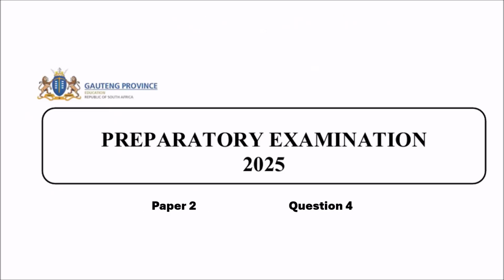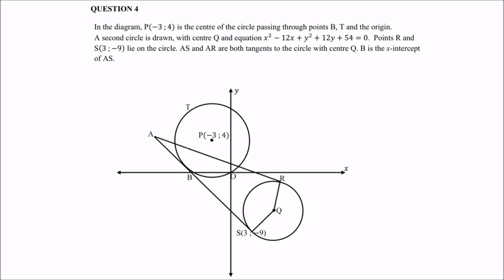Gauteng Province, Preparatory Examination 2025, Paper 2, Question 4. In the diagram, point P, which is (-3, 4), is the center of the circle passing through points B and T, and of course the origin.